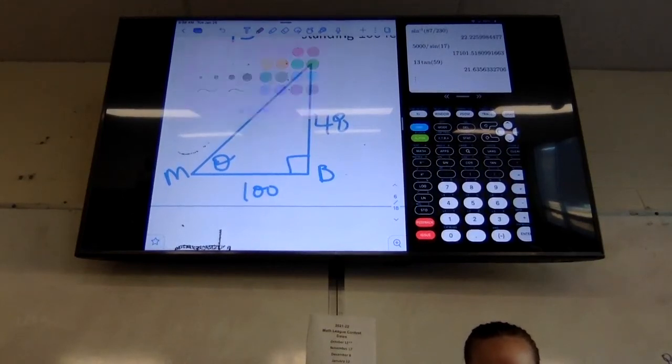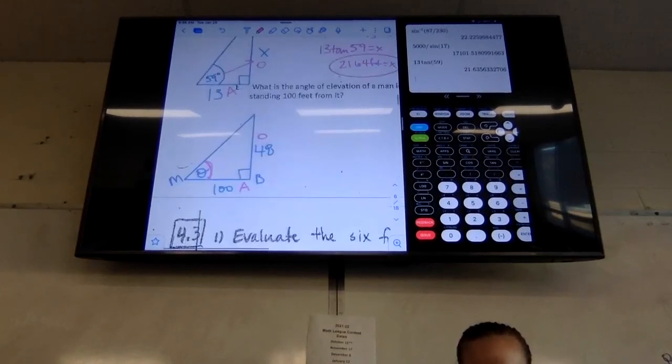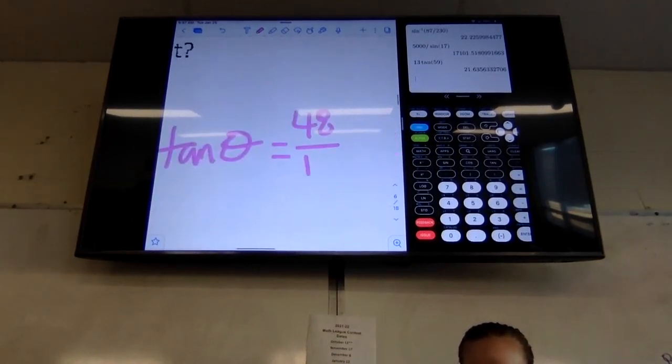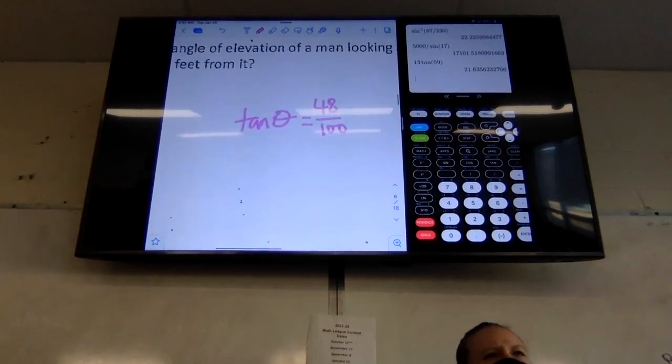If theta is my angle, which sides did I give you? O and A, which is which function? Tan. So I'm going to write tan of theta equals 48 over 100. Wait, how do I do this again? How do I plug this one into my calculator? Not reciprocal. Opposite. Let's use the word inverse.